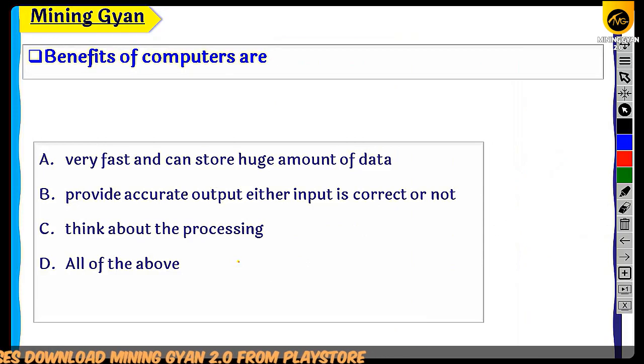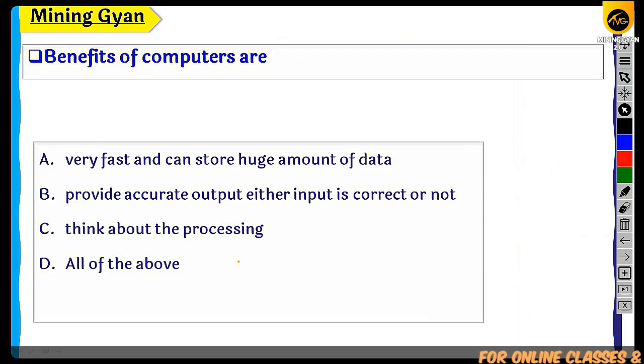Option D is the wrong answer. Basically, the computer cannot think about the processing.